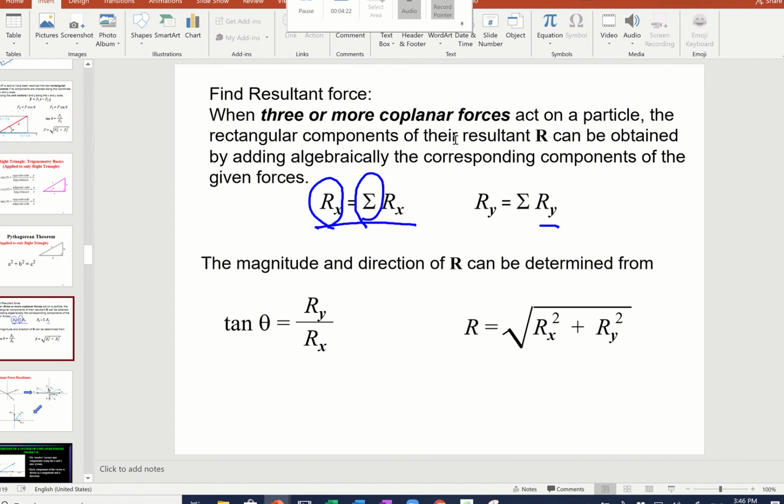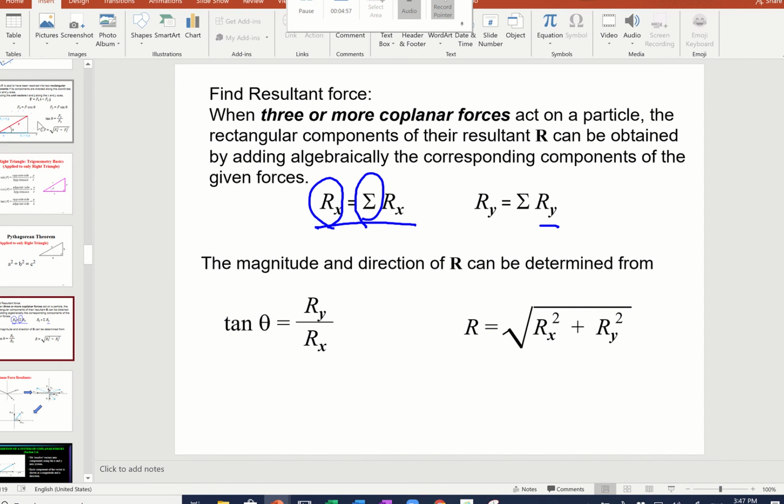The rectangular components of the resultant can be obtained by adding each given force's components. If there were three forces, I find the x component of each one of them and add them up. That's going to be the summation of forces in x. Same thing, finding the y component of each of the three forces, then summing them up with sigma, you get the summation of forces in y.